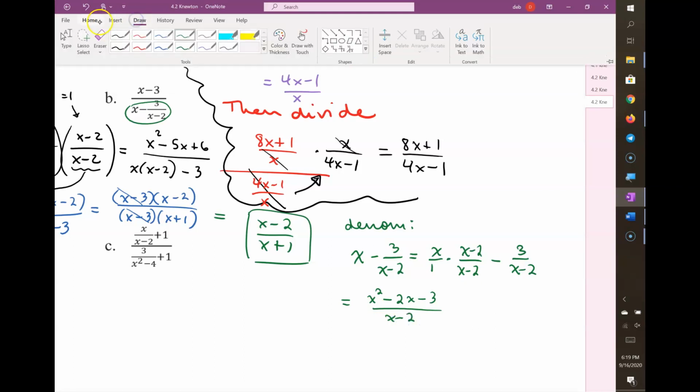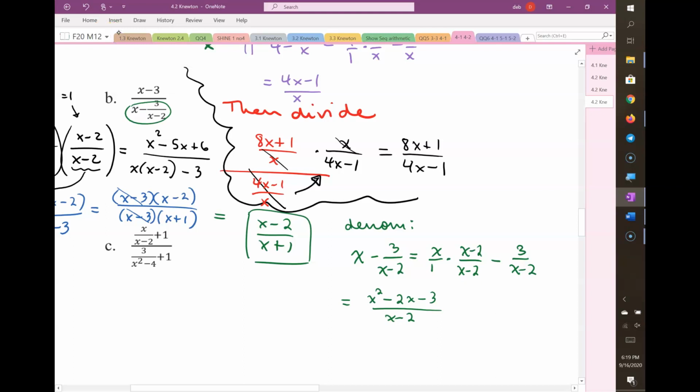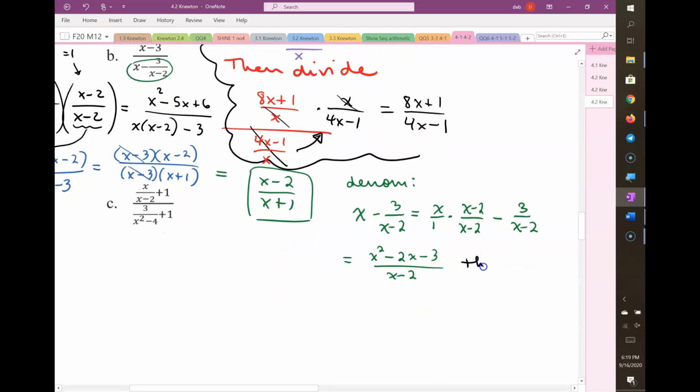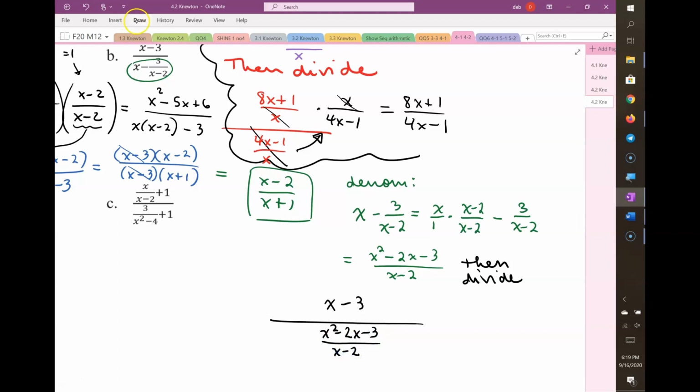Then I'm going to need to do the division problem. Then divide. And notice I'm giving you a few words to help you follow through my work. So divide x minus 3 over x squared minus 2x minus 3 over x minus 2. Remembering that to divide by a fraction, you multiply by the reciprocal.